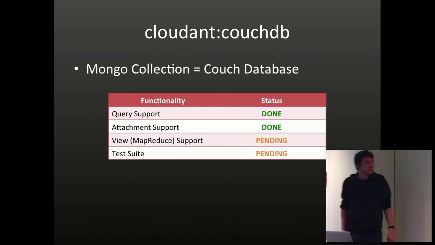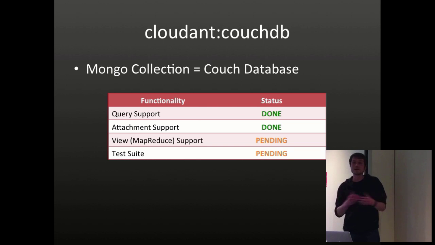So getting into the details, there's a guy from IBM India who started writing this driver, Cloudant CouchDB, and it basically replaces your typical Mongo collection with a Couch database. In Mongo, you have the concept of a collection. That is not the case in CouchDB.